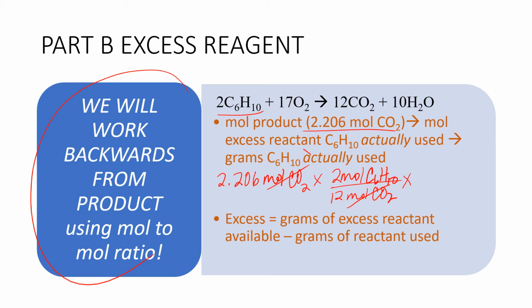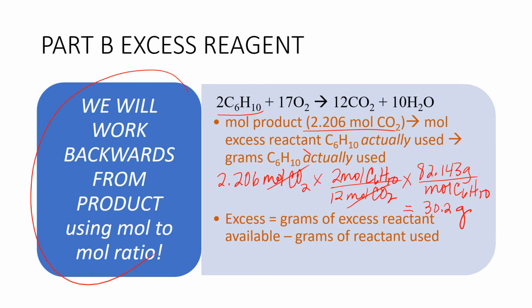So we're going to say 82.143 grams per mole of C6H10. And we're going to find out that this actually equals 30.2 grams of C6H10.